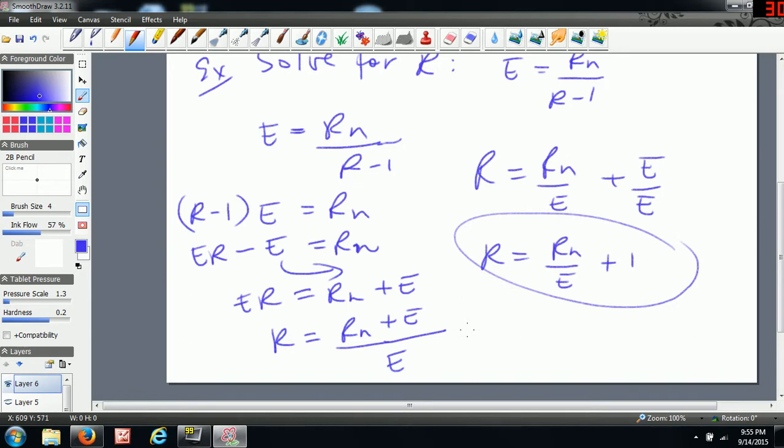Okay, so that would be your answer for R. ER minus E, ER equals Rn plus E, R equals Rn plus E divided by E, Rn over E plus E over E, Rn over E plus 1.